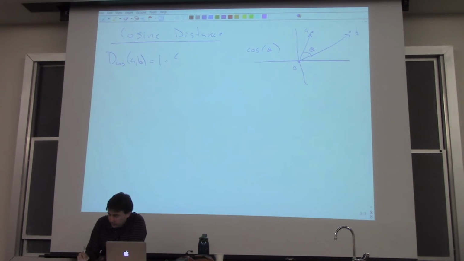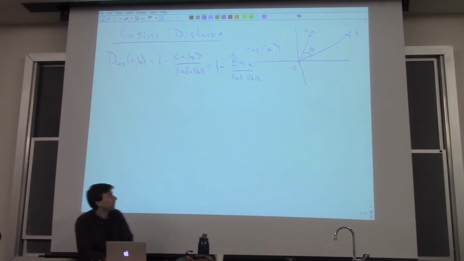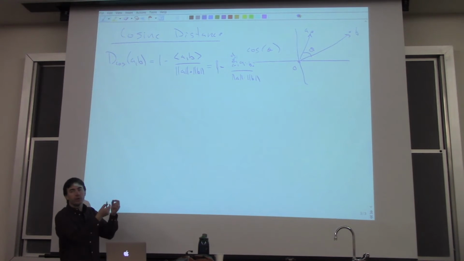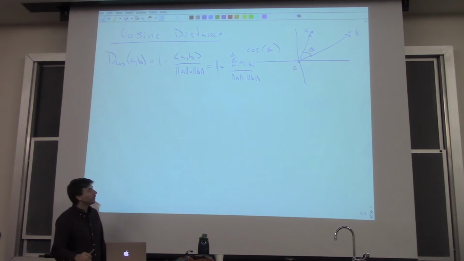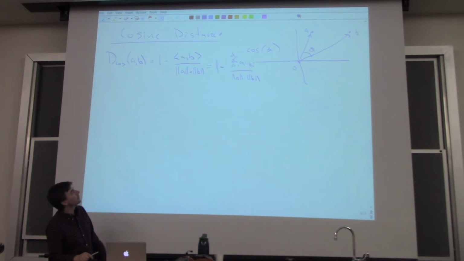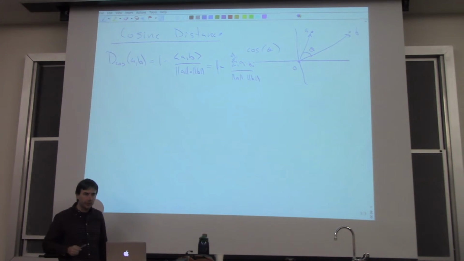This is equivalent to 1 minus the dot product between A and B over the norm of A times the norm of B. Remember the dot product is the sum of A_i times B_i, the sum of all the coordinates multiplied together. So this cosine distance calculates the cosine of that angle. Your cosines and dot products are strongly related.